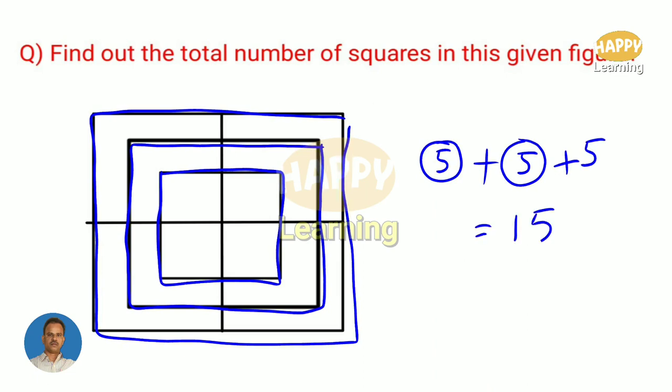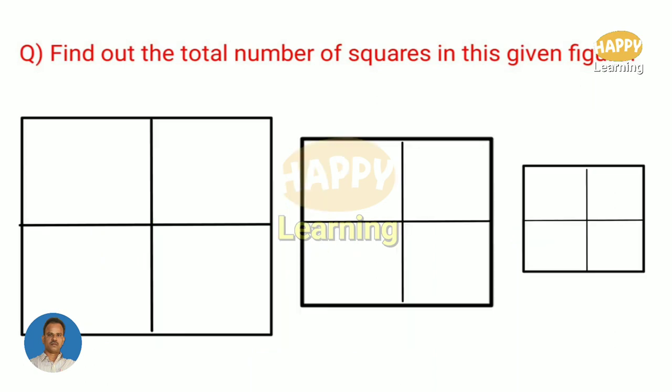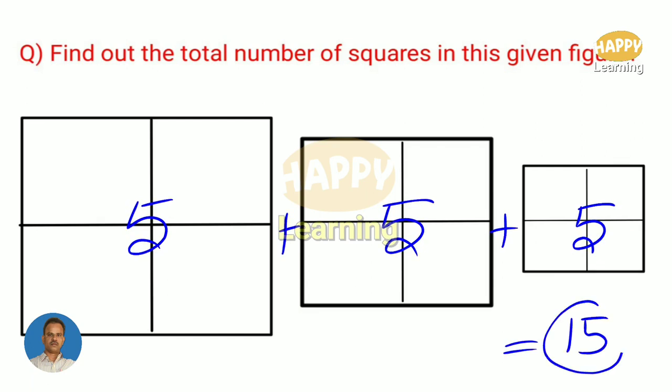Total becomes 15. So let us separate this diagram. So here you got 5 squares, here you got 5 squares, here you got 5 squares. If you add, total becomes 15.